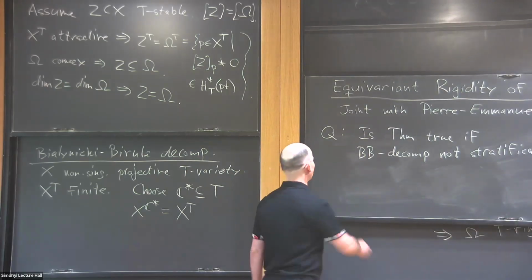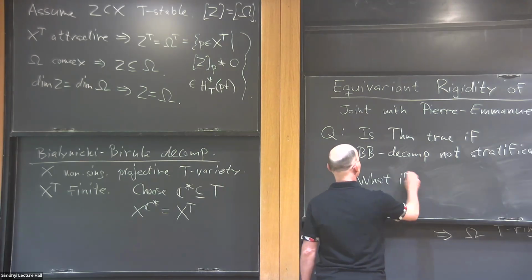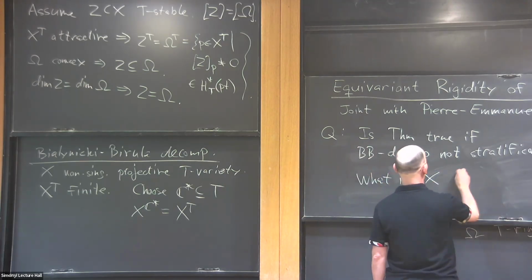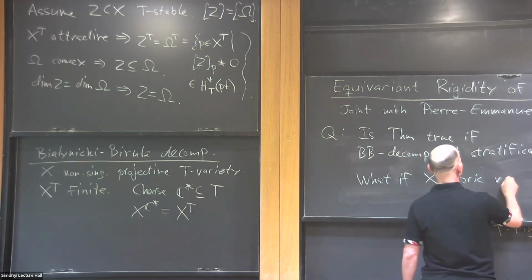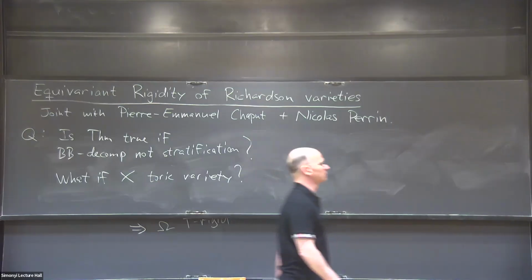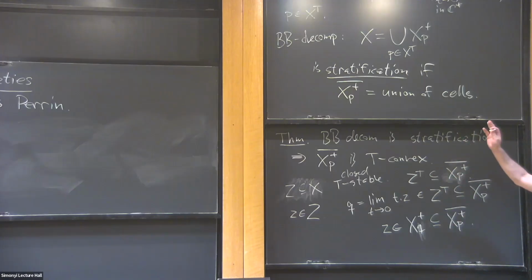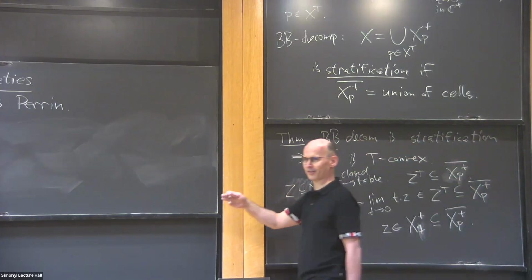So what if X is actually a toric variety? And again, we have to choose the C star in the torus so that we have the same fixed points as before.